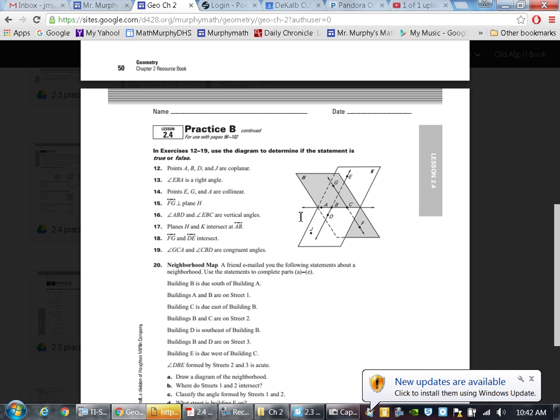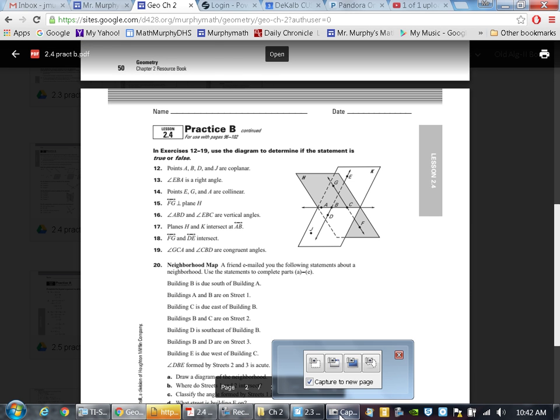What happens a lot of times that we need to pay closer attention to is how we infer information from diagrams. That's what they talk about a lot in 2.4. We use a lot of our definitions from chapter 1 in these pictures. So let's go through this together.